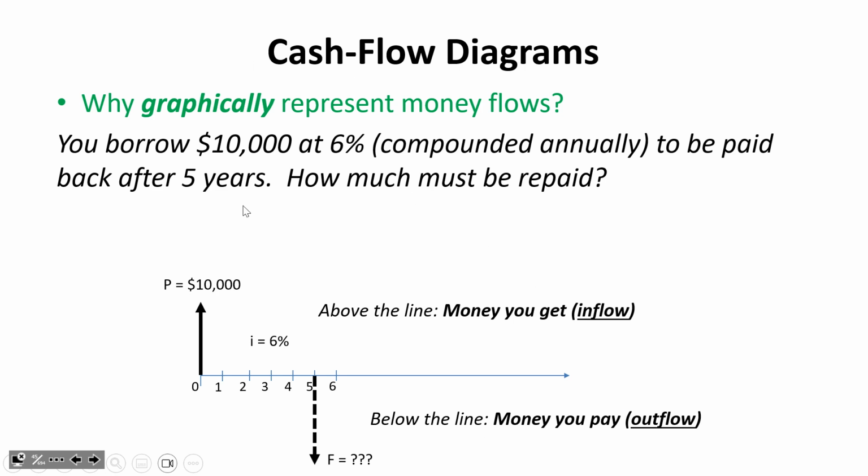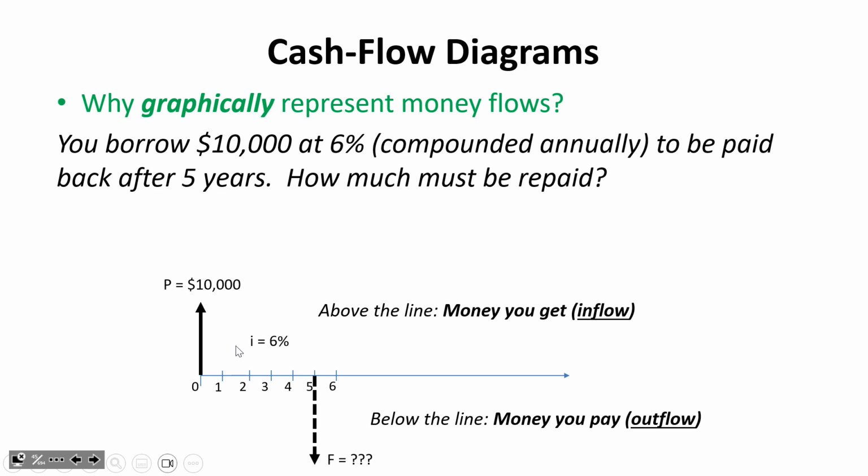And this, just because I'm accustomed to looking at cash flow diagrams, I instantly can look at this picture and in half a second understand which formula I should apply, what it's asking. So you get $10,000 at time 0, meaning the present.